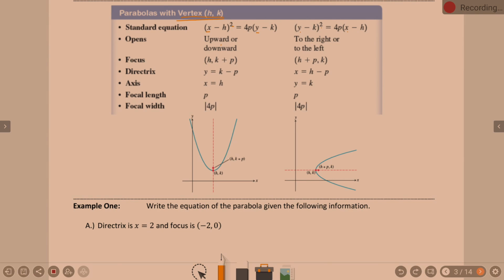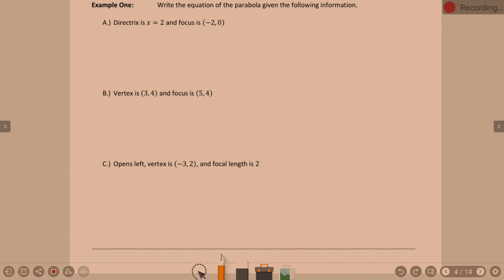And so let's go to example 1, or 1A, excuse me. Write the equation of the parabola given the following information. Now, it says the directrix is x equals 2. And the focus is at negative 2, 0. Now, the hint I'm going to give you is I see a 0 in this problem.